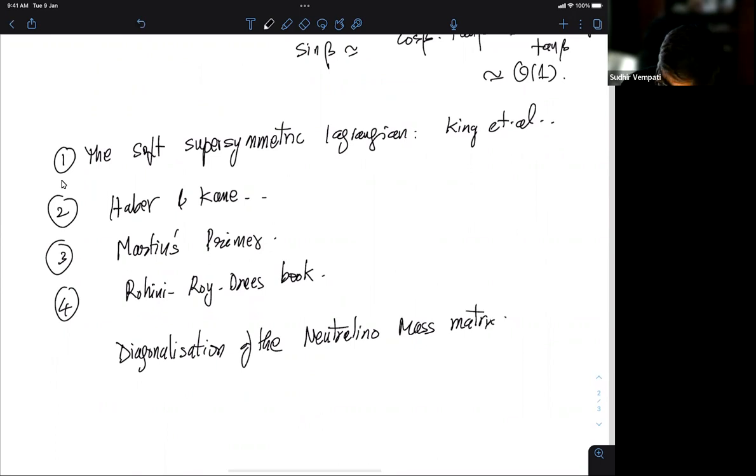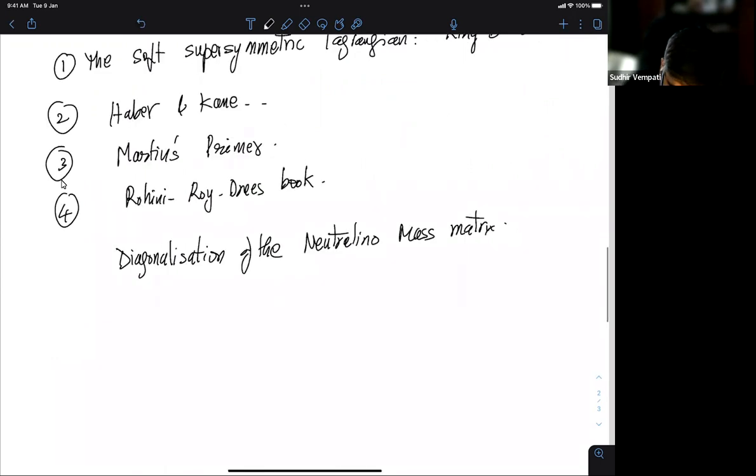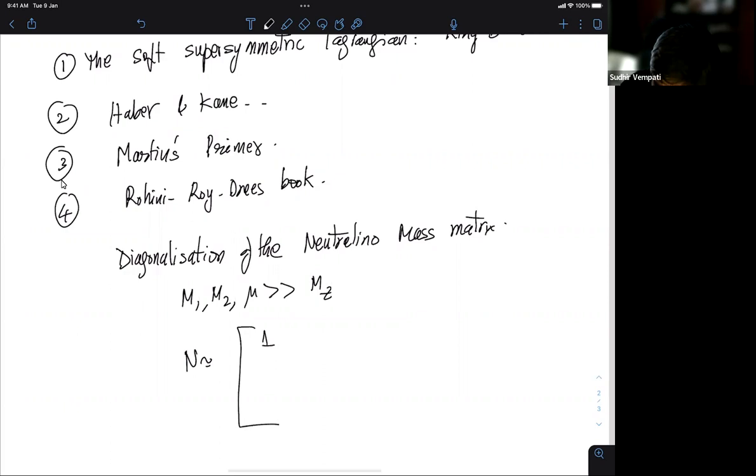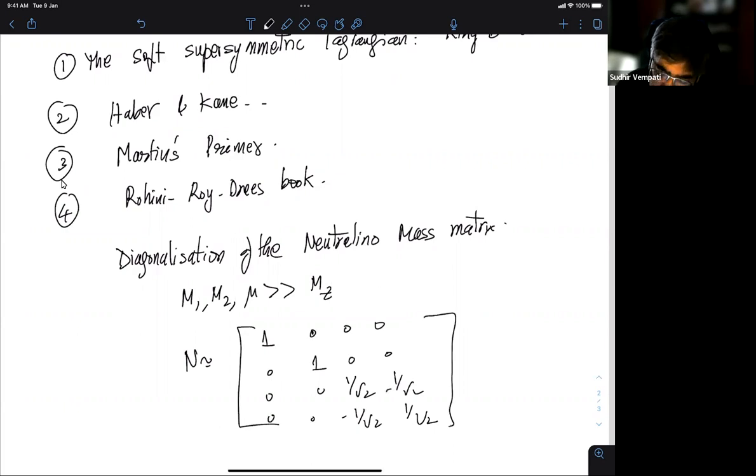Like I said, in the limit where M1, M2, mu are much greater than MZ, the diagonalization matrix is very simple. It will be just n equal to 1, as Camille has pointed out, with entries 1/√2, 1/√2, 1/√2, 1/√2.